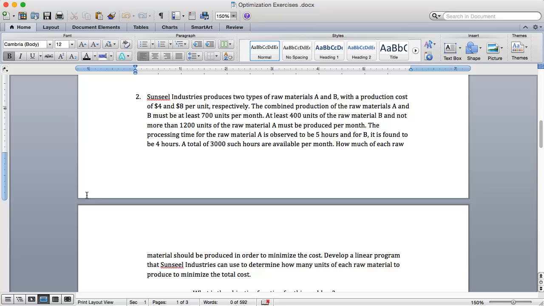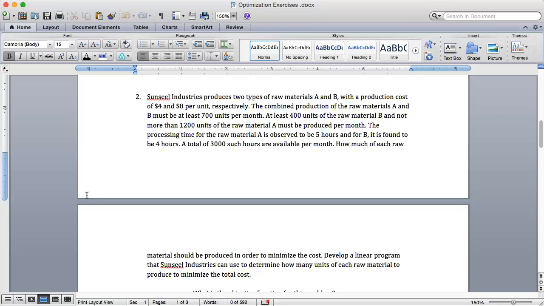Now, where would these constraints come from? Well, as I said, this could be related to demand, and certainly it's related to costs. If we were to change these production constraints, it's very likely that the cost per unit would change. Now, we do have one resource constraint, and that's time.